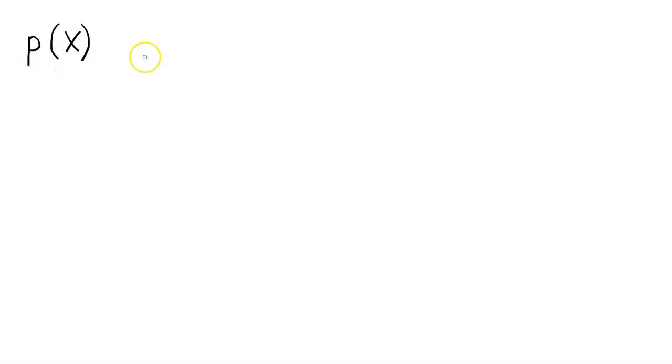By probability we mean the likelihood, how plausible it is that it will happen. And this we give a number between 0 and 1. If it's 0, we are certain that it will not be true. If it's 1, we are certain that X will be true.